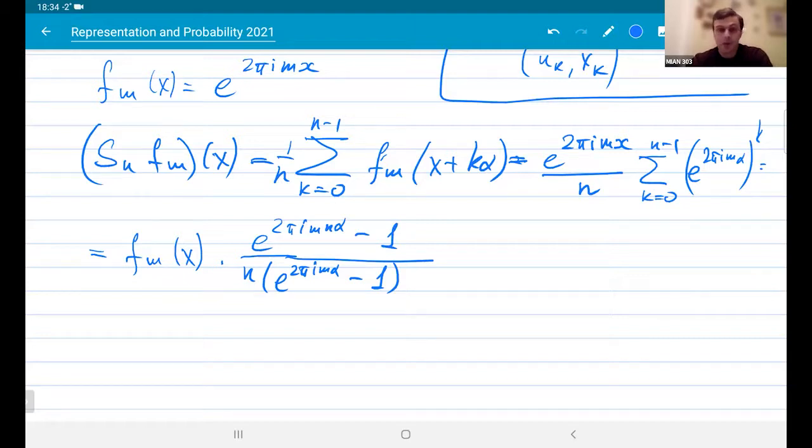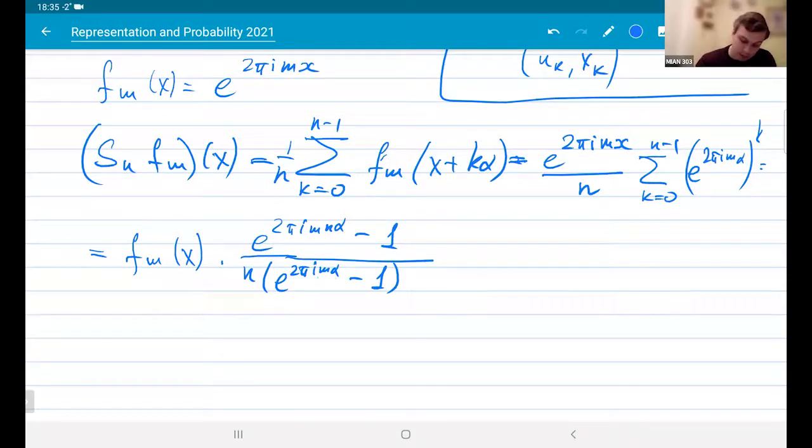First of all, the denominator is non-zero because this m alpha is never an integer. Because our alpha is irrational, this m alpha cannot be an integer, so we have no zero in the denominator.